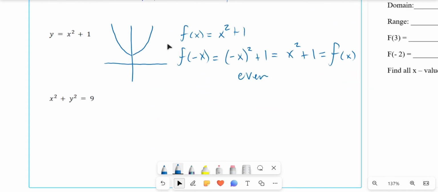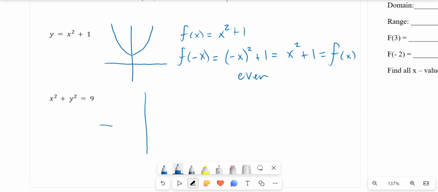Lastly, what happens if I plug in negative x into this one? Well, first of all, this is a circle with radius 3.